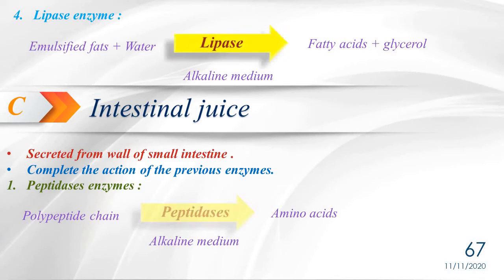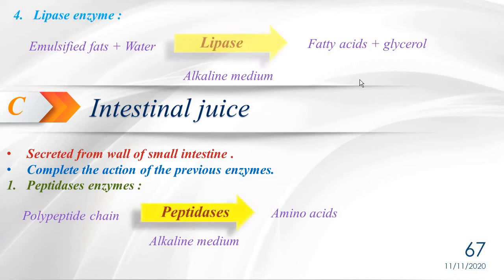Lipase enzyme is found in pancreatic juice, secreted from the pancreas. It digests the emulsified fats, which were emulsified before by bile juice, into simpler forms, which are fatty acids and glycerol.